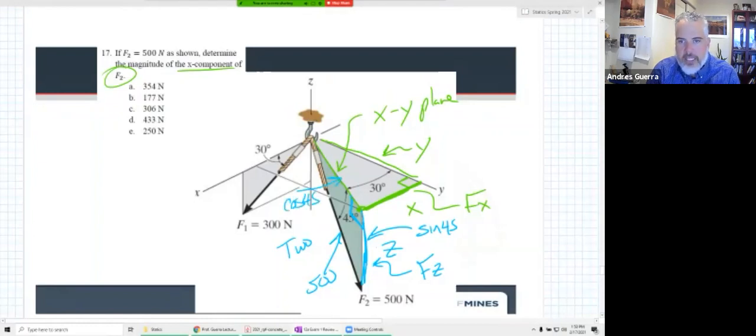But I really want the x component, which is this side right here. And so with that one, I would need to take my FXY times the sine of that 30. So my Fx is really going to be 500 times the cosine of 45 times the sine of 30.